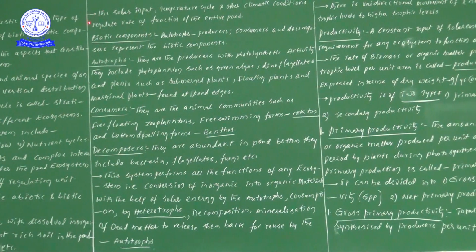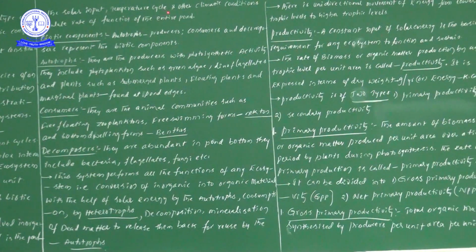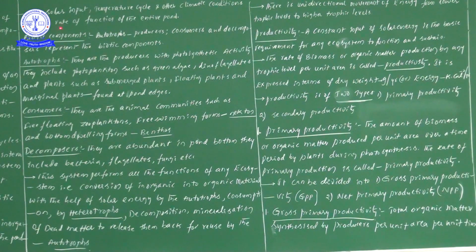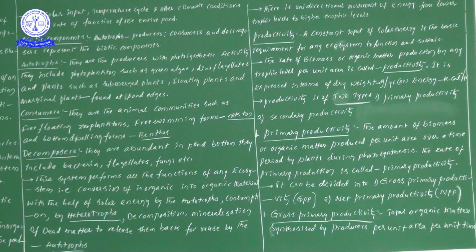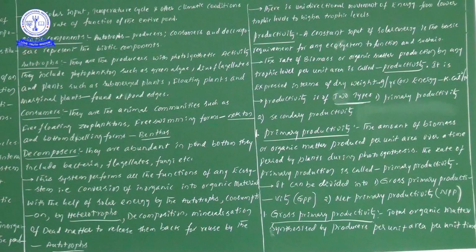Now a small piece of information: the solar input, the temperature cycle and other climatic conditions regulate the rate of function of the entire pond. For the proper function of the pond ecosystem, solar input is required, temperature maintenance is important, and other climatic conditions also regulate the rate of functions.